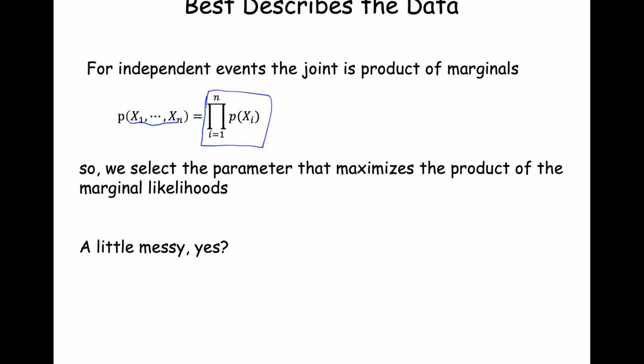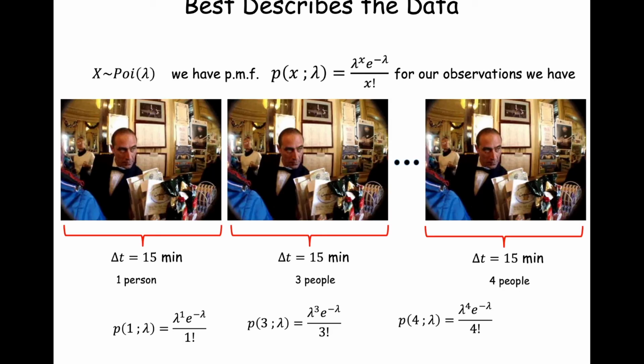Now, this is a little bit messy, going to be kind of difficult to solve, so we want to make life a little bit easier for ourselves. How are we going to do that? And so we have our individual observations, and we have the likelihood, which is the evaluation of the probability of each one of those observations given some parameter lambda, and lambda is a variable because we don't know what it should be.